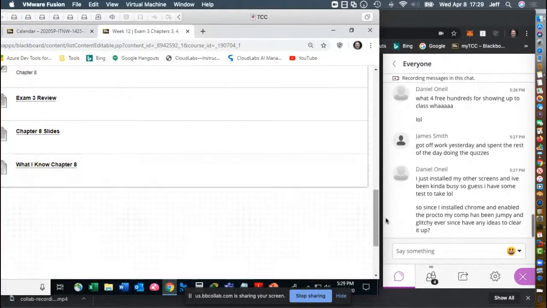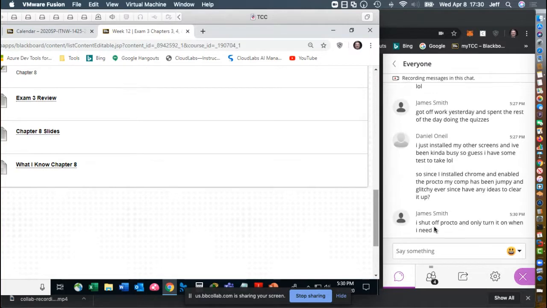Since I installed Chrome, enabled the proctor program, my computer has been jumpy and glitchy ever since. Any ideas to clear that up? Oh, I wish. Well, yeah, Chrome does eat up a lot of memory when it runs, if you have more than one tab open.